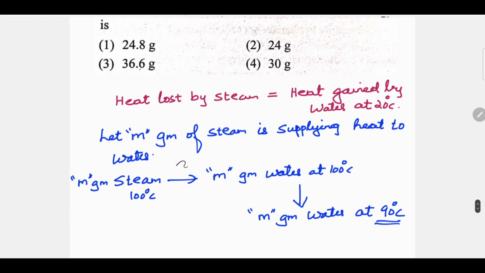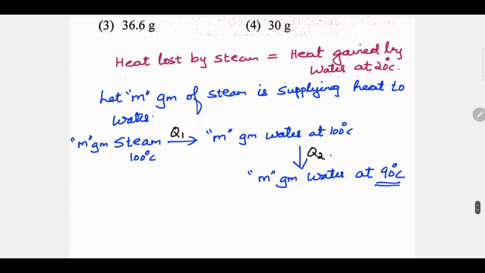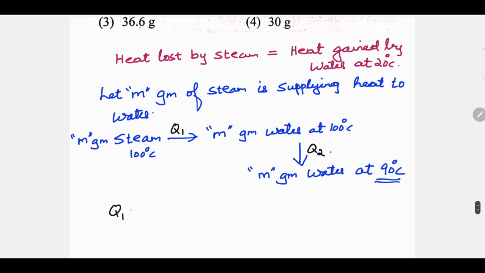When steam is converted to water, some amount of heat will be released. When water at 100 degrees Celsius is converted to water at 90 degrees Celsius, then also some heat will be released. So we know that Q1 equals m into 540. Q2 equals ms delta T concept. So m into specific heat 1 into delta T. Delta T is 100 minus 90, which is equal to 10 m.